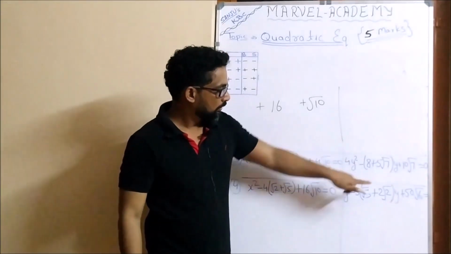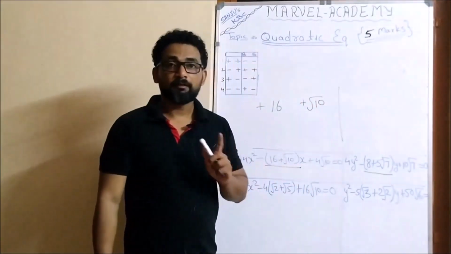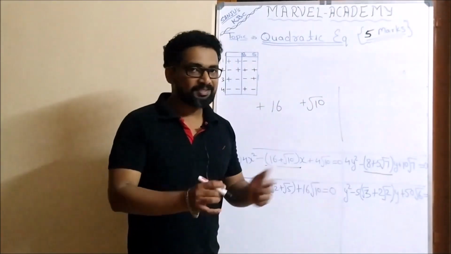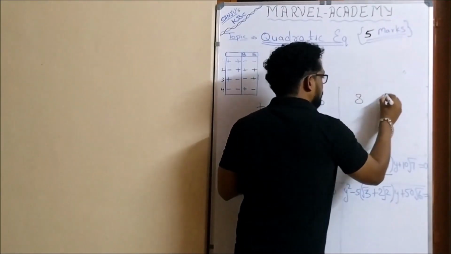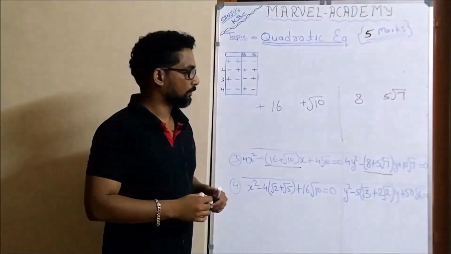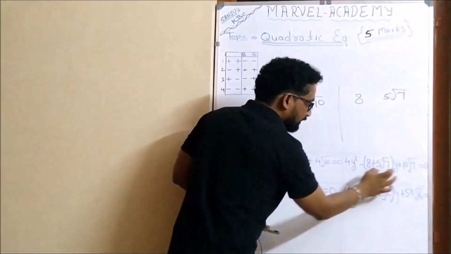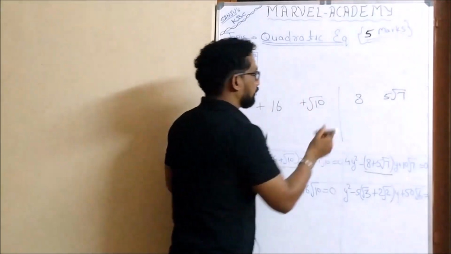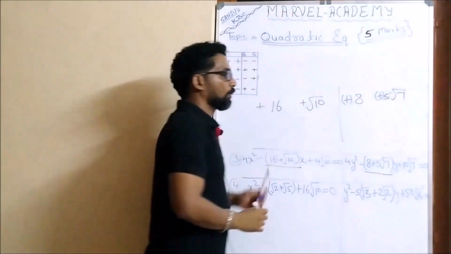Here my middle term is 8 plus 5 root 7. So that is my factor values. So 8, 5 root 7. Okay. Now to put the sign, so minus and plus is definitely both the values will be positive. Okay.